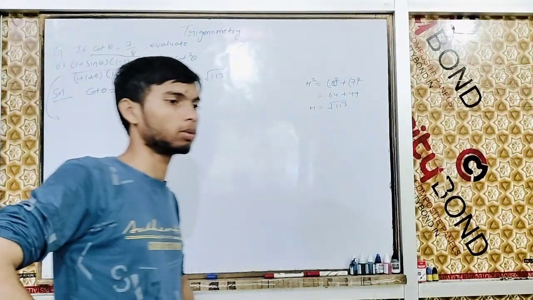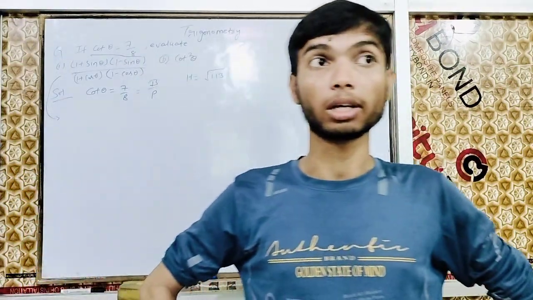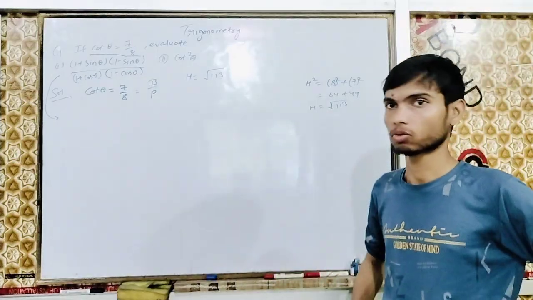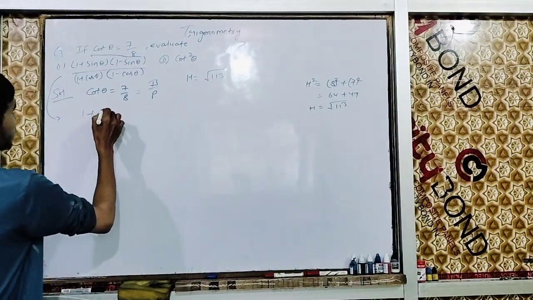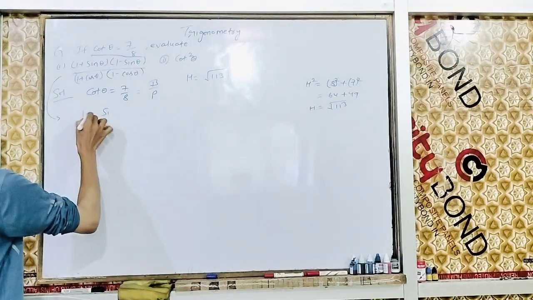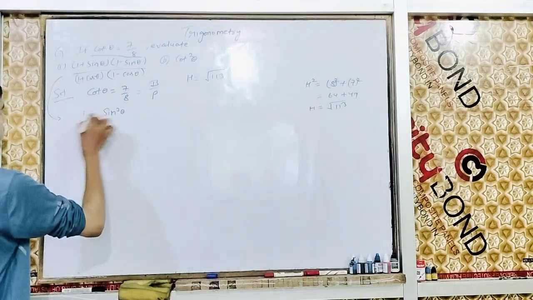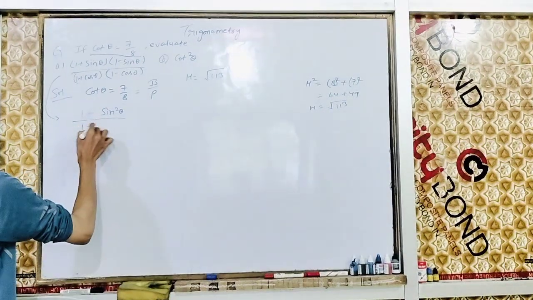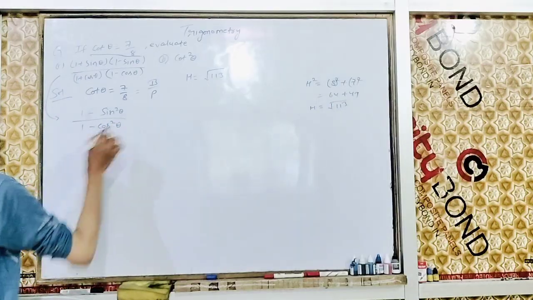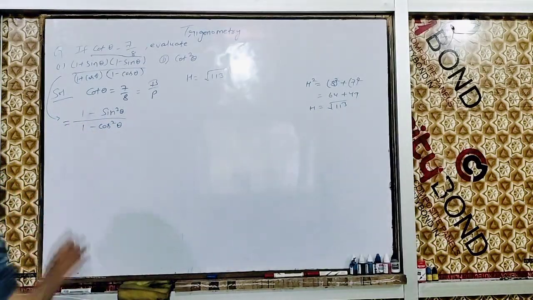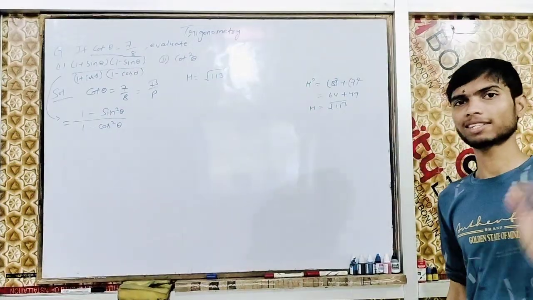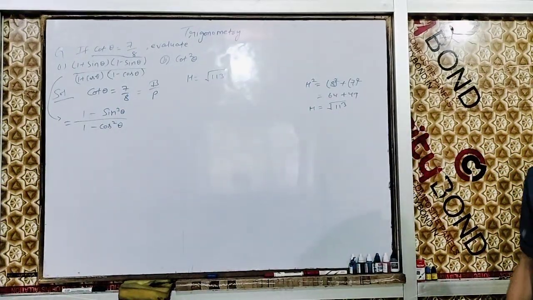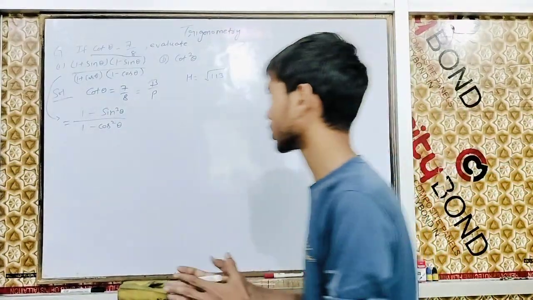A plus B times A minus B is nothing but A square minus B square. So 1 minus sine square theta upon 1 minus cos square theta. Here we just applied algebraic identities so that we can save our time without any lengthy process.